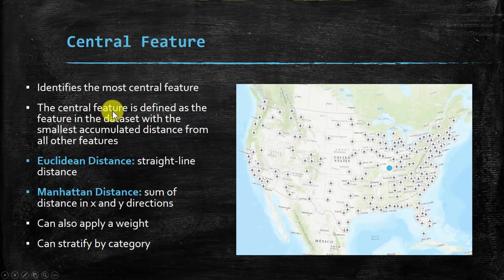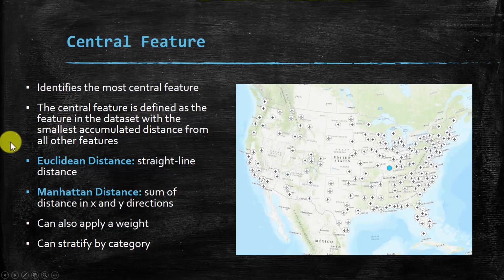In this case, the central feature is defined as the feature in the data set with the smallest accumulated distance from all other features. So it's basically, if you'd sum up the distance from one feature to all of its neighbors and then do that for every single feature, the central feature is going to be the one that has that smallest accumulated distance. So it's on average like the closest to all of the features. Note that your output is going to be one of the features.